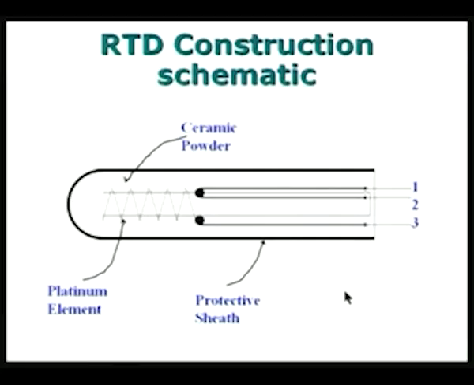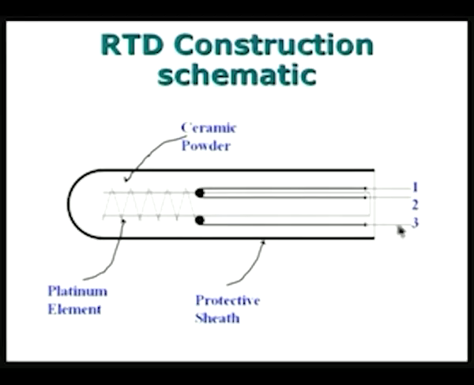The construction details of an RTD are shown in a schematic way in this particular case. We usually take it in the form of a resistance element wound over some kind of mica or some material like that, and the platinum element is connected to the outside, because we need to take the leads out to make the measurement of resistance.